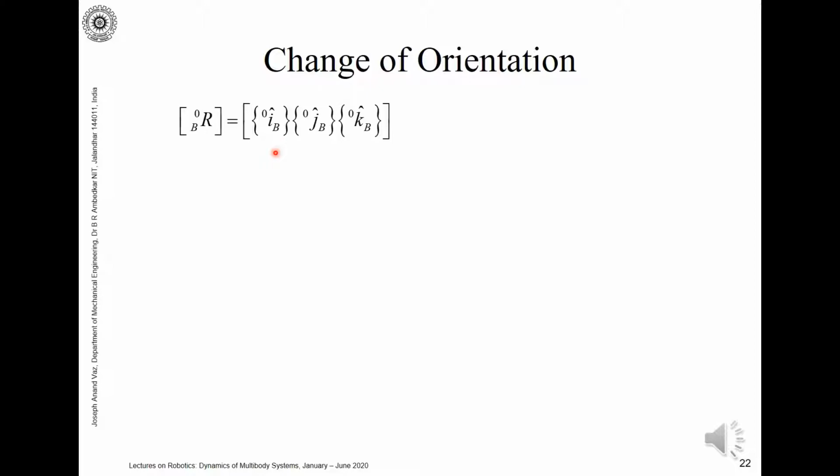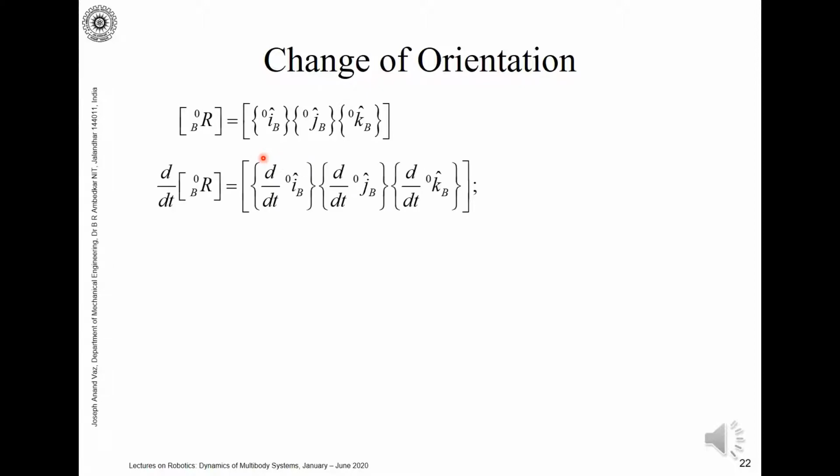And we know that the columns of the R matrix are composed of the three unit vectors of the frame B, but each of these unit vectors is expressed in the frame 0. When you take the derivative of this R matrix, you are also determining the time derivative of each of the columns.